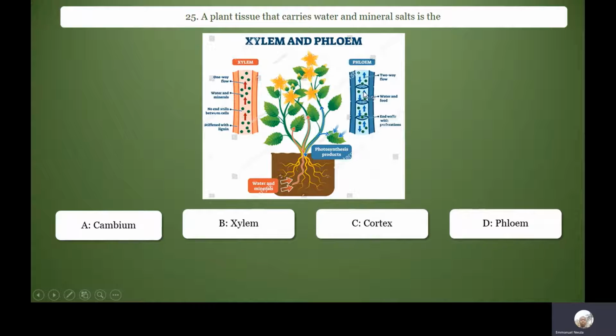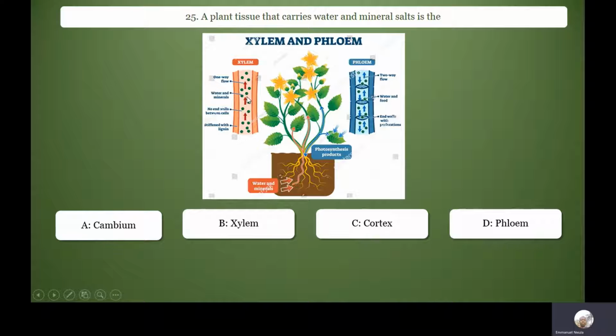The phloem, on the other hand, transports manufactured food to and fro, either from the roots to the leaves or from the leaves to the roots. So it can be in either direction. But the xylem transports water and mineral salts in one direction from the roots to the leaves. Okay, so the correct option here for 25 is B.